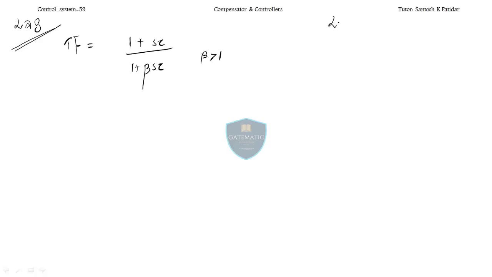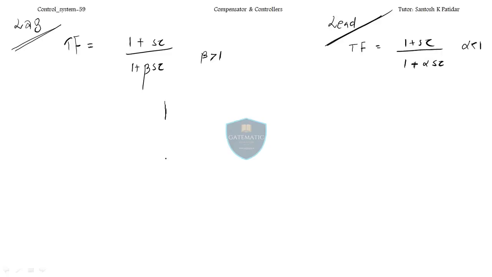And for the lead, I'm just comparing so it will be easy for you to remember, the transfer function is 1 plus s tau divided by 1 plus alpha s tau, where this alpha is less than 1 in this case.